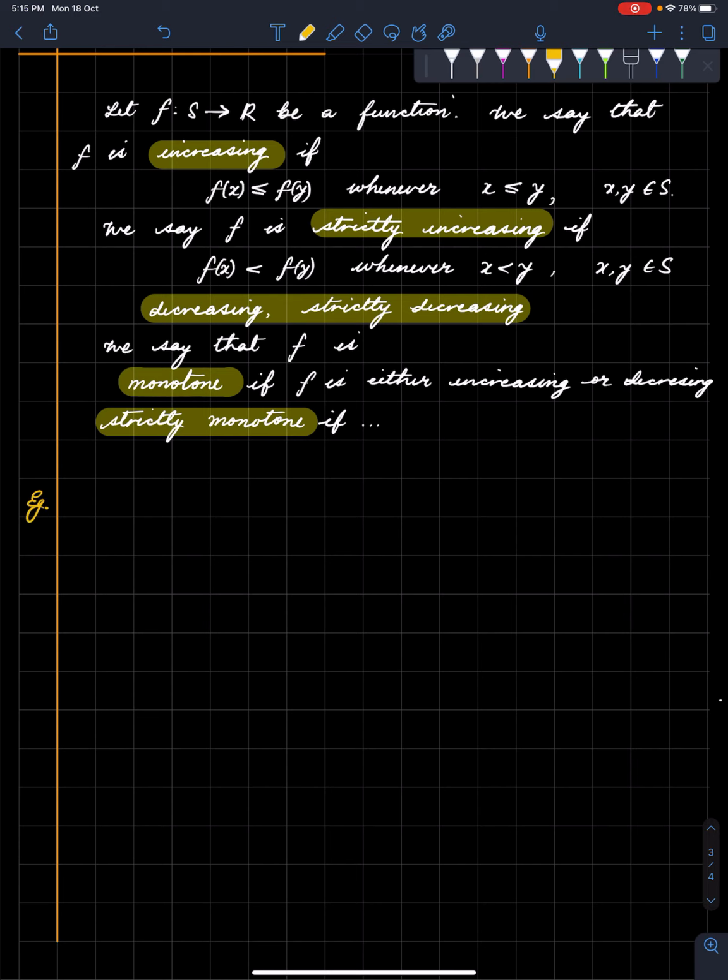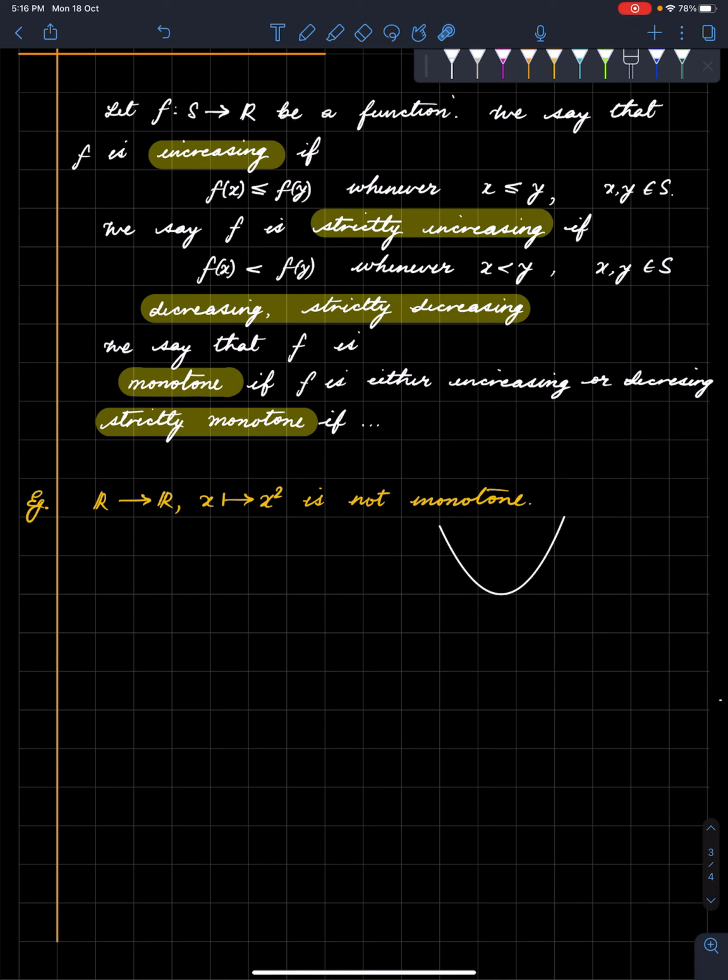So the first example is the function which takes x to x squared. This is not monotone simply because if you see the graph of it, it looks like this.